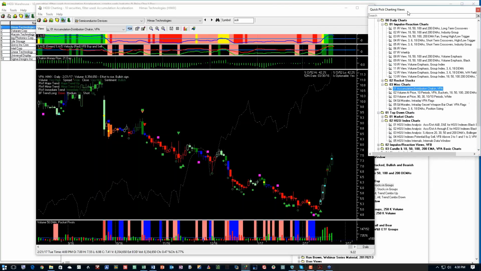This chart shows you when a stock is changing its accumulation. It was E distribution down here at the bottom, went to D, went to C for one day, went to B, and then it went to A in this short period of time.